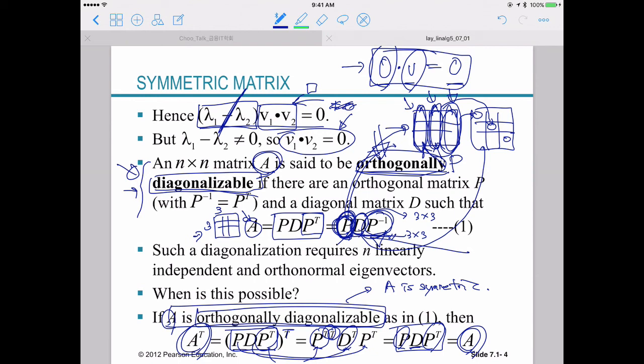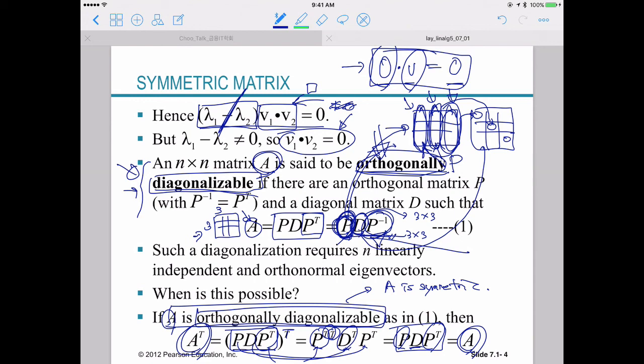And now the difficult part is to prove or understand that if your matrix A is a symmetric matrix, then it is orthogonally diagonalized. Okay, so that is the key part. But unfortunately, we will not fully prove it. It requires several different matrix factorizations, like the Schur decomposition.